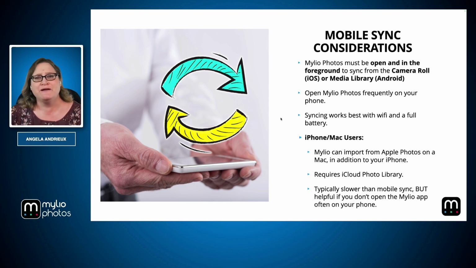So in order to get the pictures from your phone, it doesn't necessarily have to have your iPhone on and running if Mylio can also pull from Apple Photos on your Mac. Now, this does take a little bit longer. Mylio is not as fast pulling from Apple Photos on the Mac as it is from the phone, but it is one more level of making sure that those iPhone photos get pulled into Mylio and backed up.